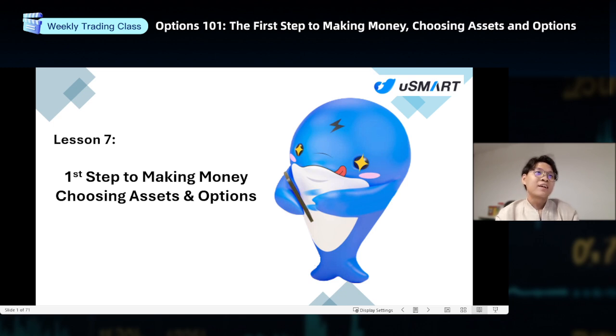Now, how do we start? How do we identify the market conditions and choose the correct assets to trade? And then, among the underlying assets, which options are more suitable for us?